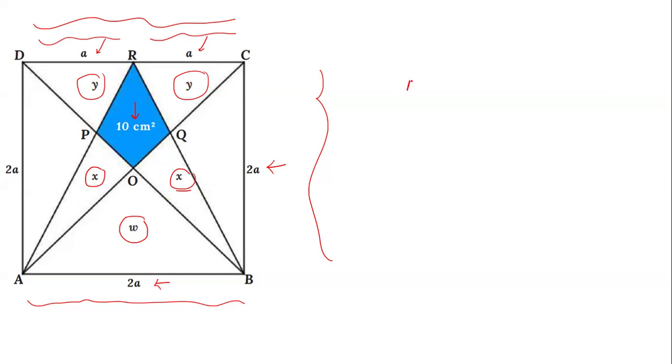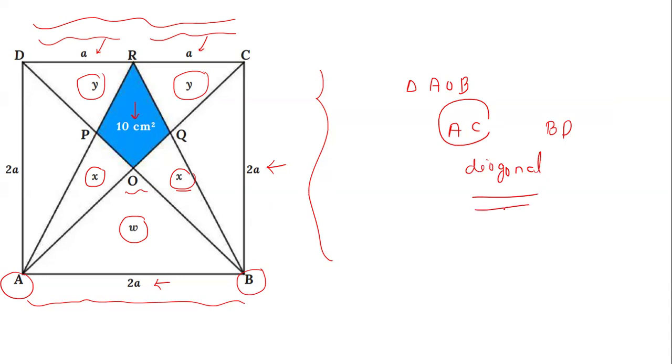Consider the triangle AOB, like this and this. Here AC and BD are the diagonals. If the diagonals intersect, this angle is 90 degrees. And we can write W, which is the area of this triangle AOB, is equal to half of this side times this side.